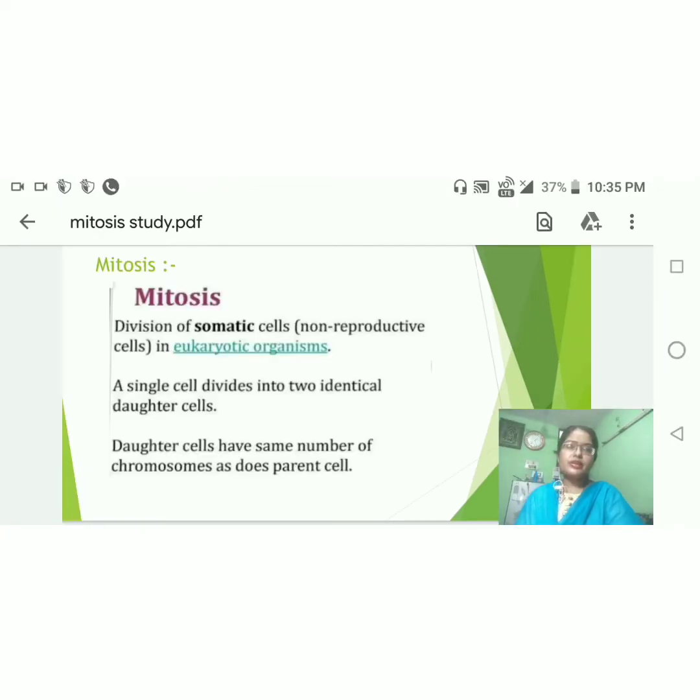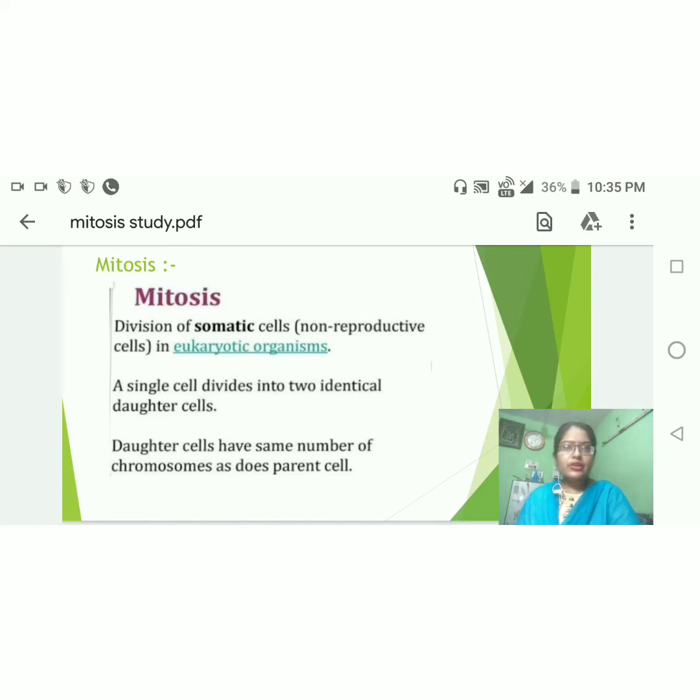The mitosis process occurs in both animal cells and plant cells, in every living organism, in somatic cells or vegetative cells. A single cell divides into two identical daughter cells. The daughter cells have the same number of chromosomes as the parent cell.